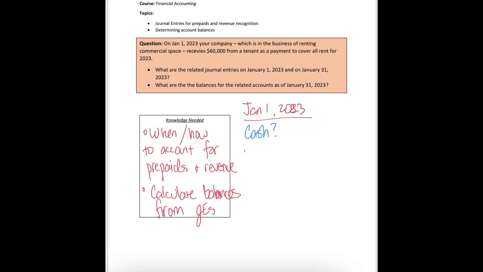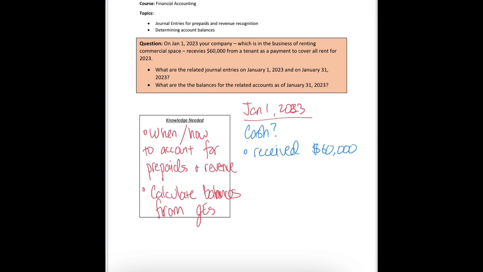So I'm just going to write out right now, before I even do journal entries, I know that I received $60,000 cash. Okay, great. What else do I know that happened? Well, why did I even receive that $60,000 in cash?